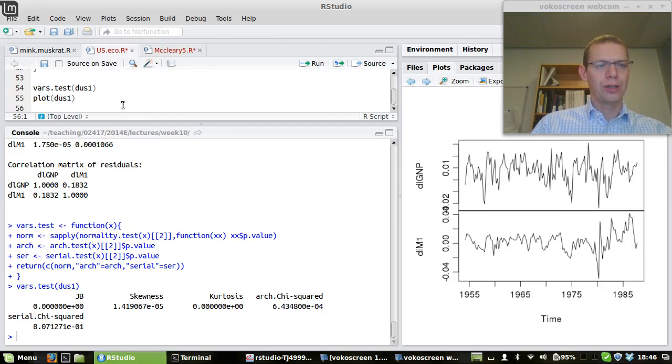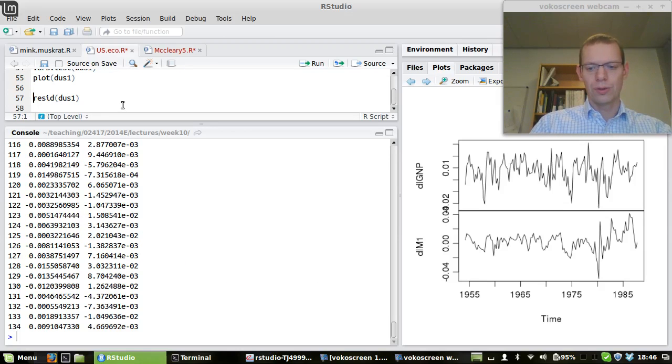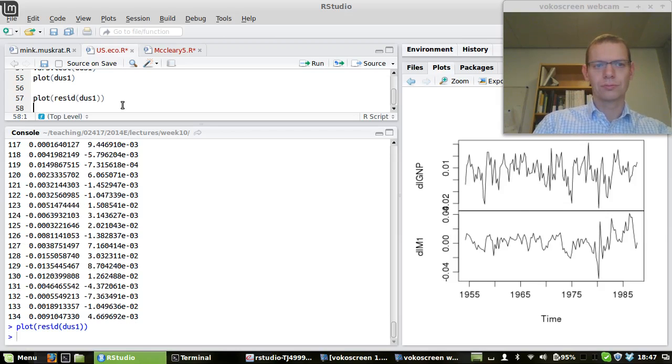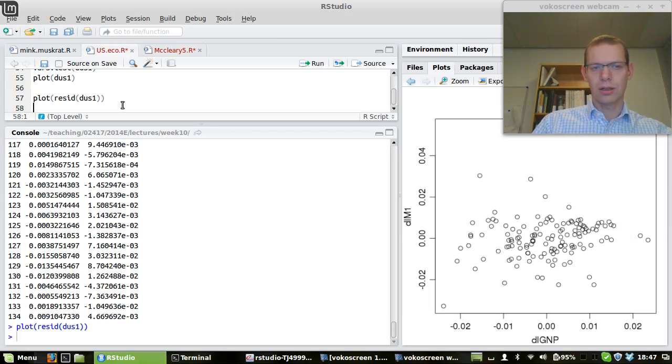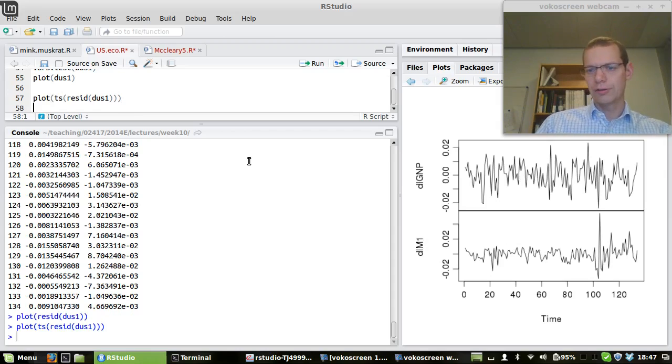Let's see if we can get the residuals. Then we could probably just plot these, making sure that this is a time series. Now we get the residuals, and we basically see that there's a large spike over here, and that is what makes at least most of the tests fail.